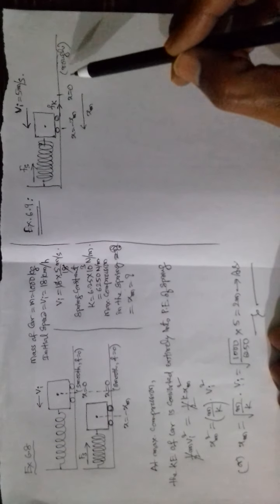With some initial velocity it is moving and colliding with the spring. The spring is compressed from x is equal to 0 to x is equal to minus xm. So it is compressed maximum by this amount xm.